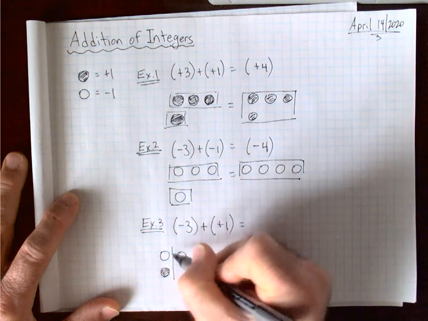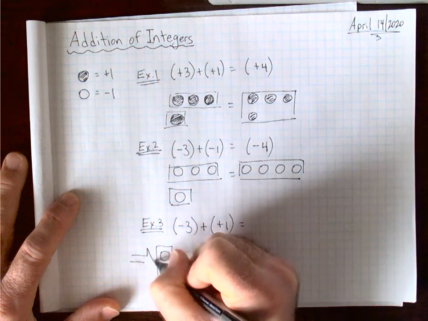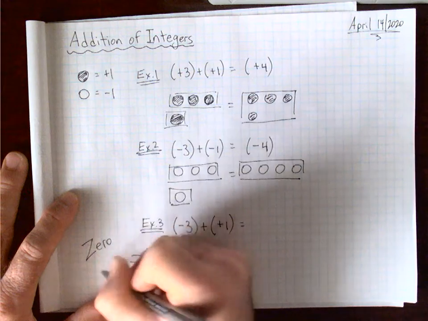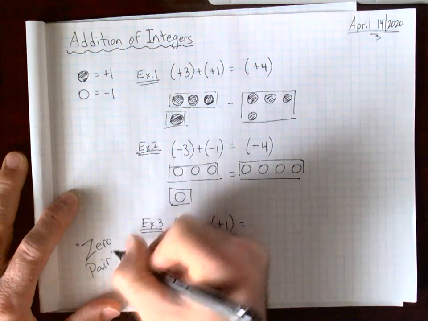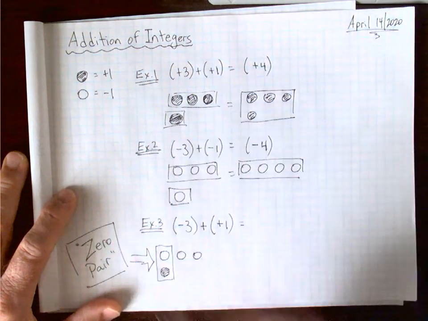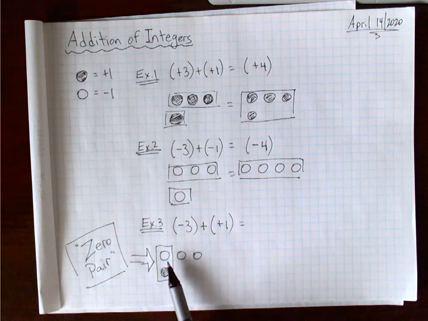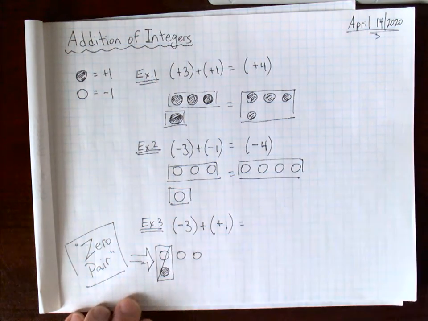we have a situation here which is what we call a zero pair. A zero pair. If you think back to the first couple lessons we did last week on integers, whenever there's a positive combined with a negative, they cancel each other out, and that creates a 0.